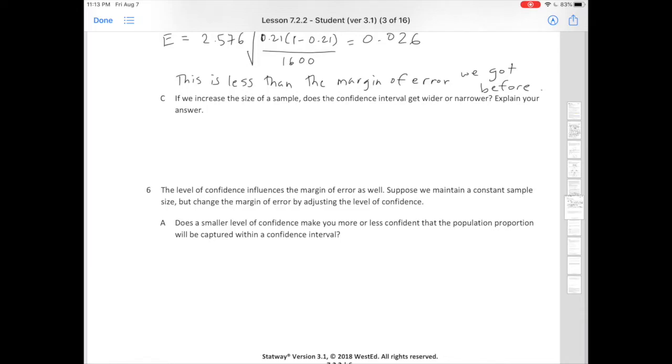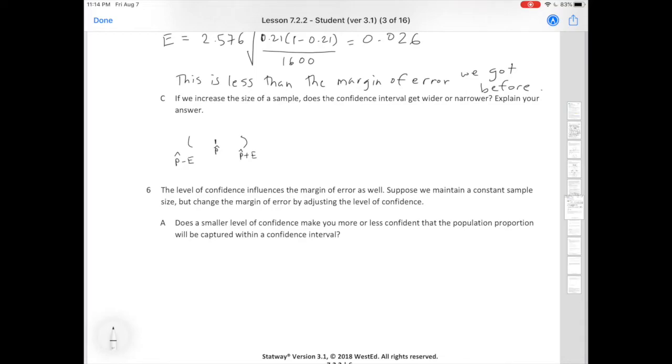If we increase the size of the sample, does the confidence interval get wider or narrower? Explain your answer. Well, think about what's going on, right? When you have a margin of error, if this is p hat, and you've got your confidence interval here, then remember, this is the margin of error when you add it to p hat, and then this is what you get when you subtract the margin of error, right?